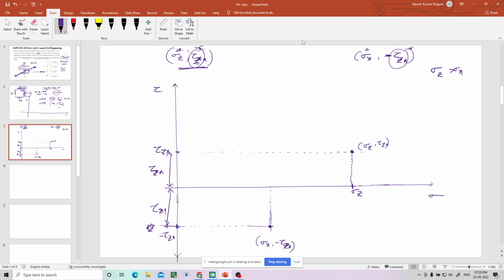So after noting down these 2 points in this plane, what is the next step to draw the Mohr circle? You know the endpoints of the diameter. What do you do now? Next, just join them.